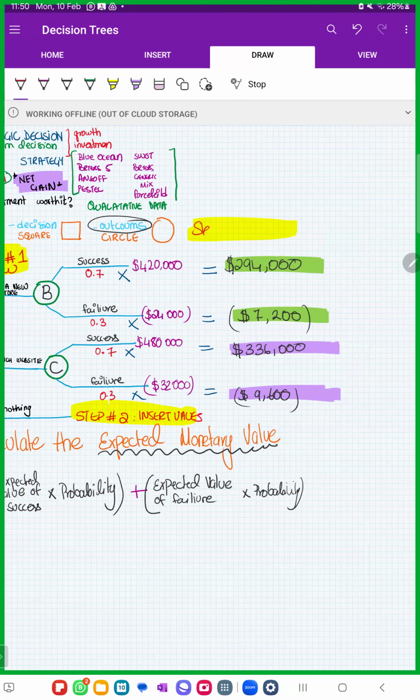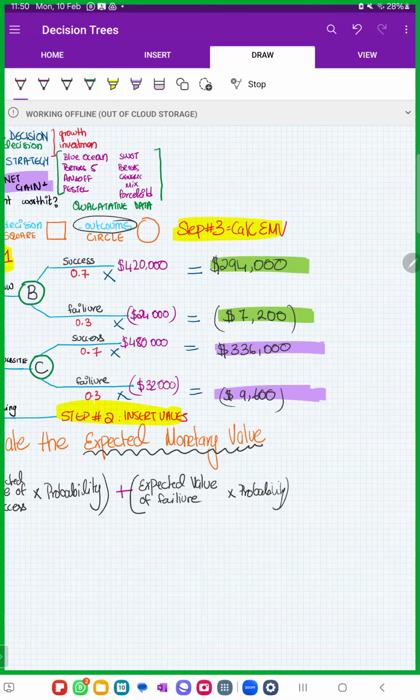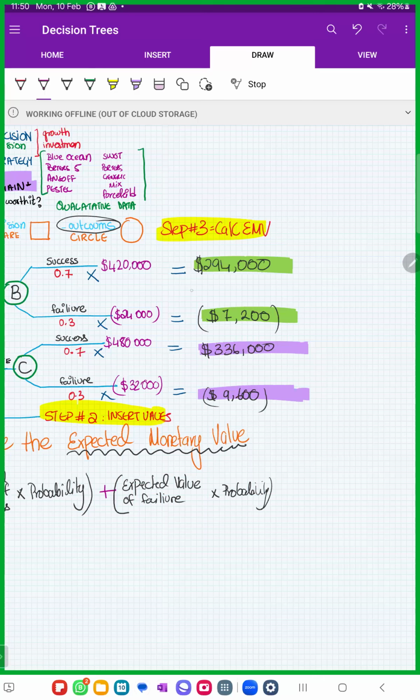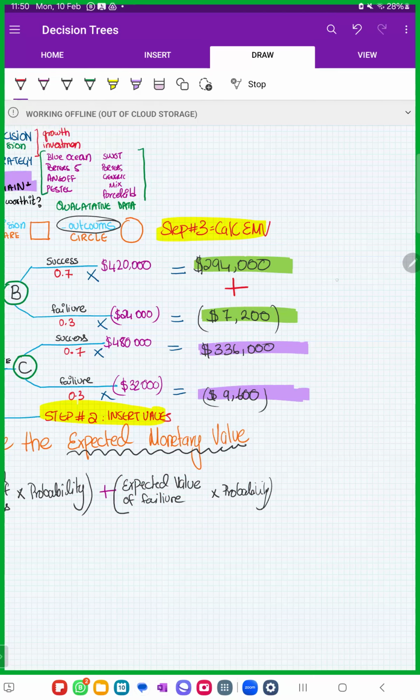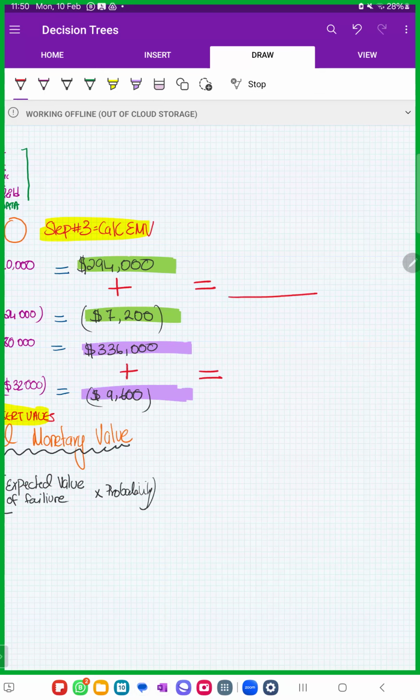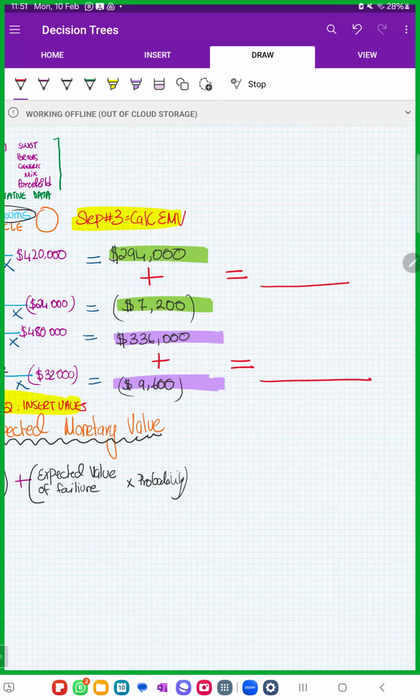So what are we doing? We have got the probability now. All we're going to do now is add them all together. So this plus this equals this, and this plus this equals this. What is my final answer here? And what is my final answer here? 294,000 plus minus 7,200.